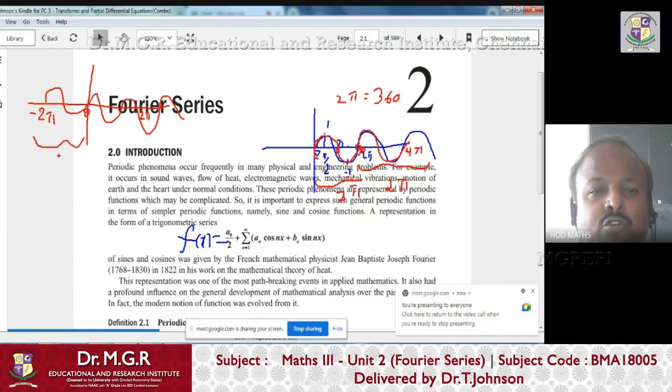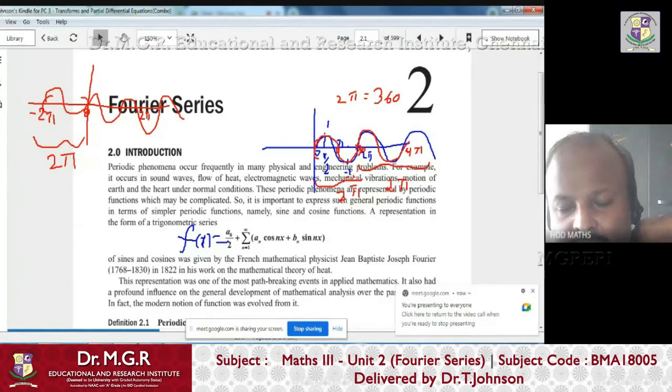So from -2 pi to 0, what is the total length of the interval? Total length of the interval is 2 pi. As far as length is concerned, whether 0 to 2 pi or -2 pi to 0, the length is 2 pi.